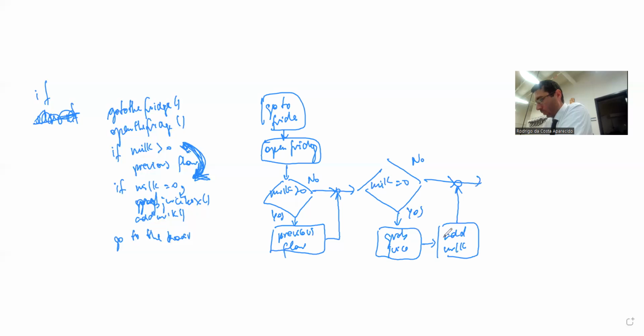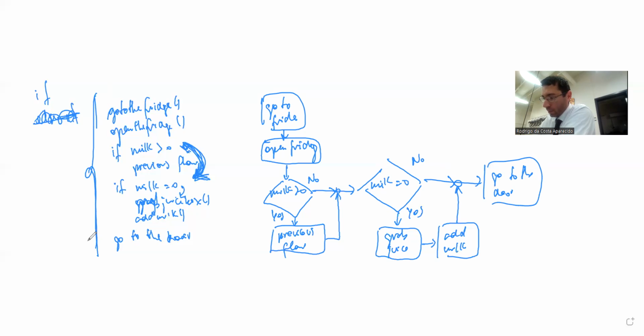If it's yes, you run whatever is inside and it goes back exactly in the same spot. And then go to the door. These two codes do exactly the same thing, right? But the way that I wrote this, it actually gets me to a different program. And there are other ways of doing the same thing.